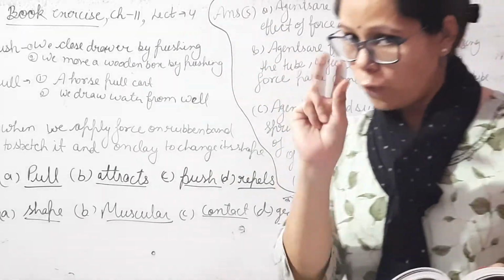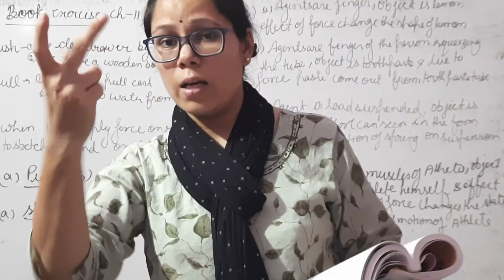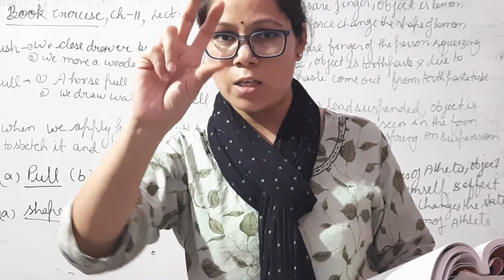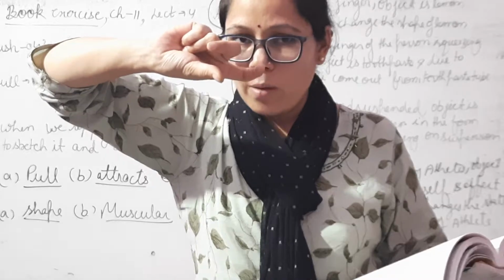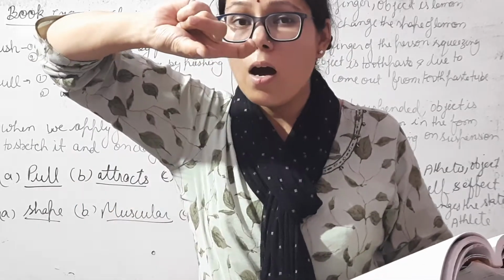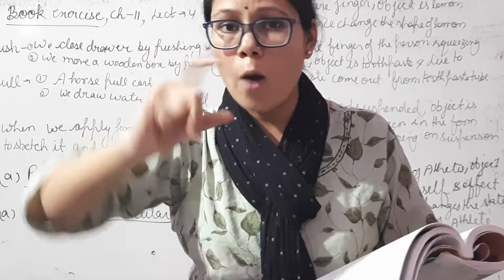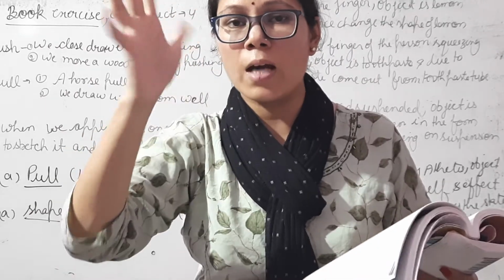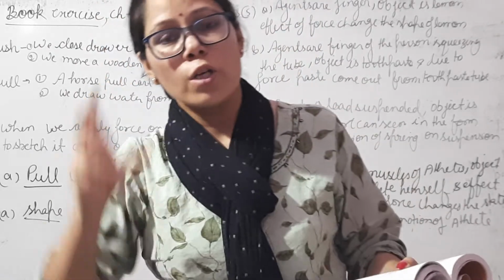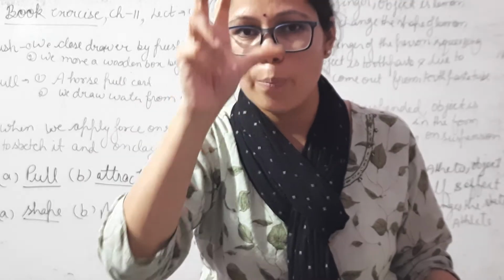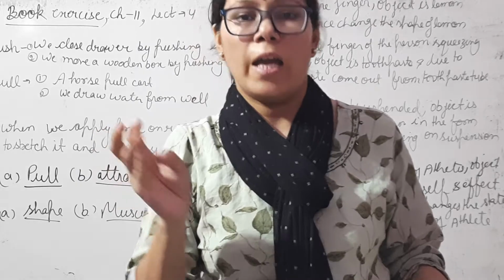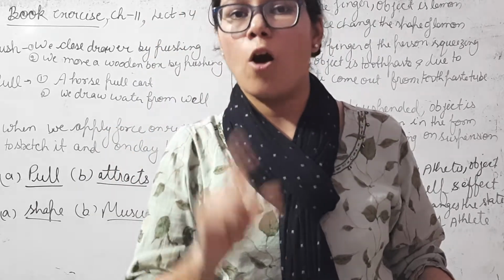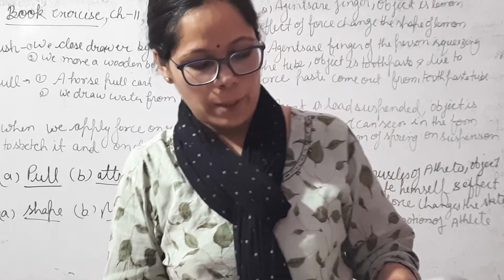So the fingers are the agent, the lemon is the object, and the effect is a change in the shape of the lemon.